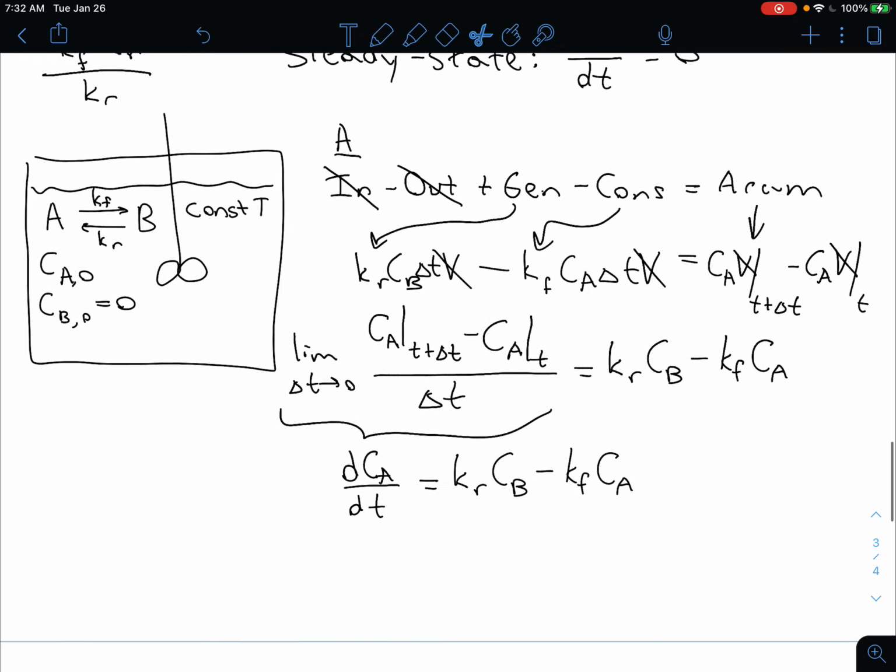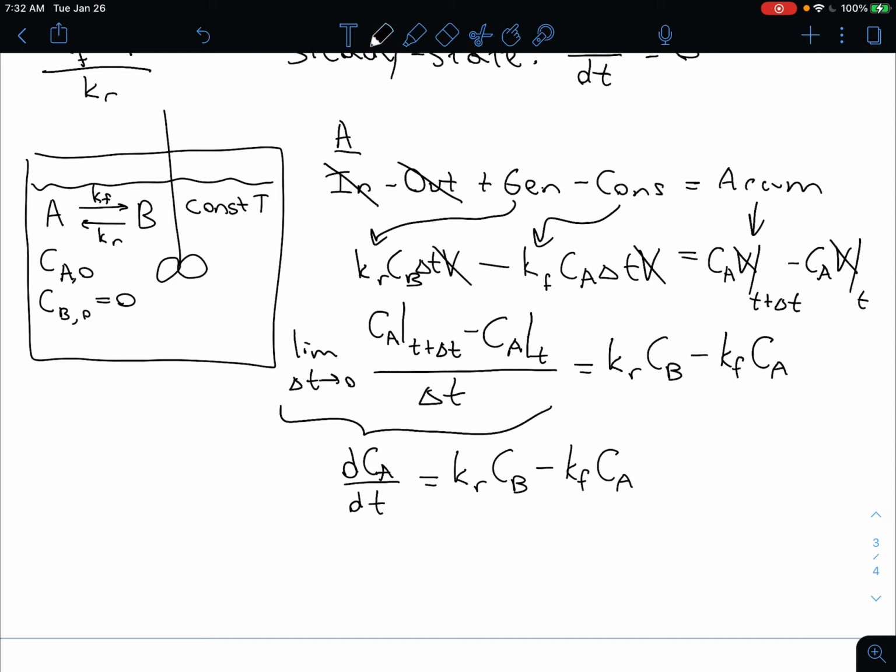And now I'm going to use what I used earlier, recognizing that Cb is really just Ca naught minus Ca. So whatever compound A is consumed to produce compound B has to be conserved. In other words, whatever A is consumed becomes B, so the sum of Ca plus Cb has to equal Ca naught.